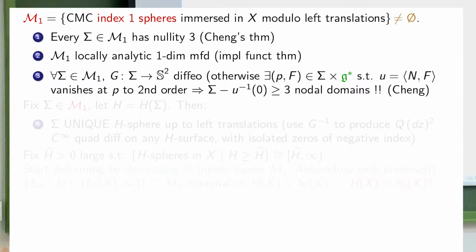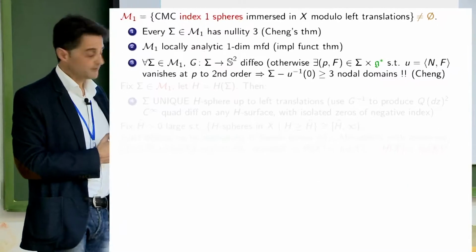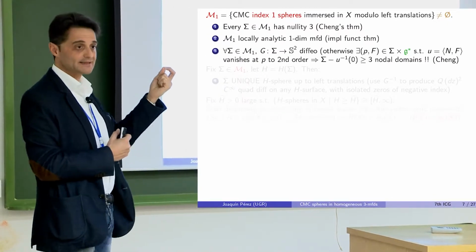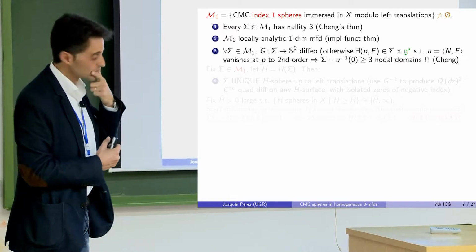Okay? So why? Because if not, since I'm working with spheres, sigma is a sphere, then G will fail to be a diffeo, which means it fails to be a local diffeo, okay? Which means that you find a point where the differential of G has non-trivial kernel.